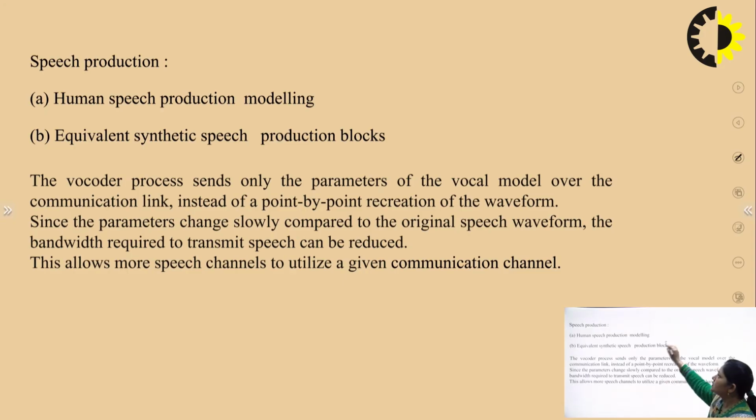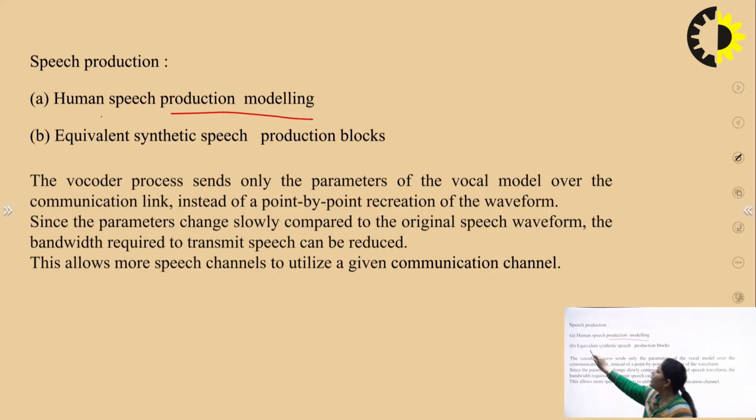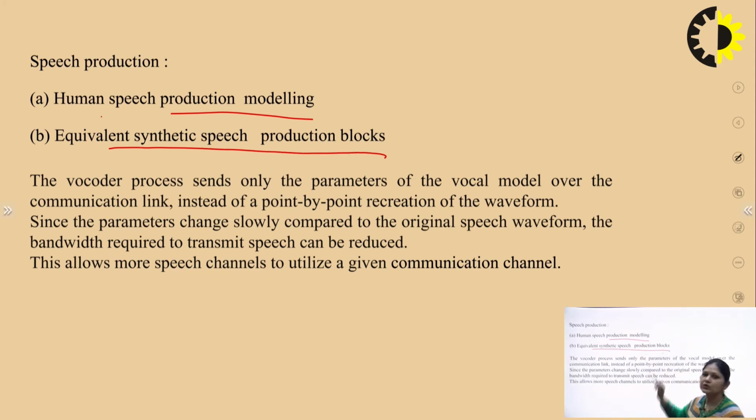Now for speech production, we have to produce the same type of speech as a human produces. So we use human speech production modeling, or equivalent synthetic speech production blocks. The vocoder process sends only the parameters of the vocal model.